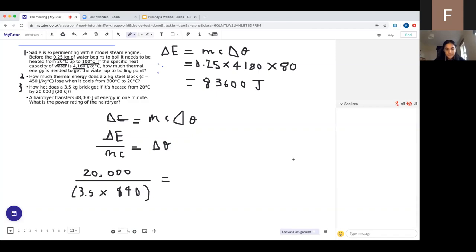So 840 is the specific heat capacity of brick. That's just a value that never changes for brick.